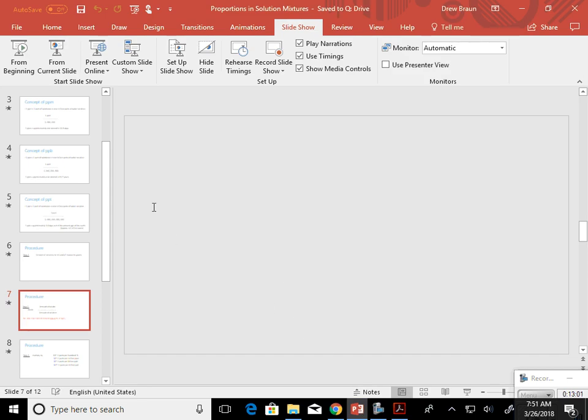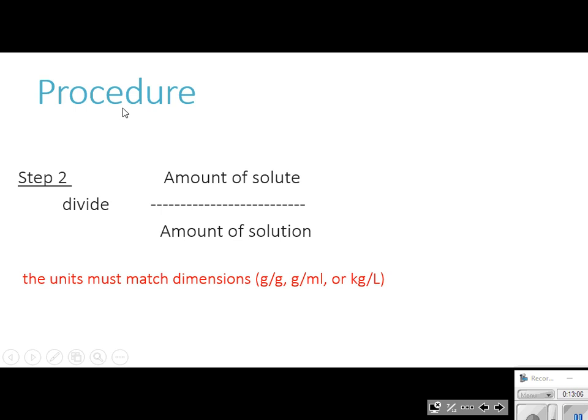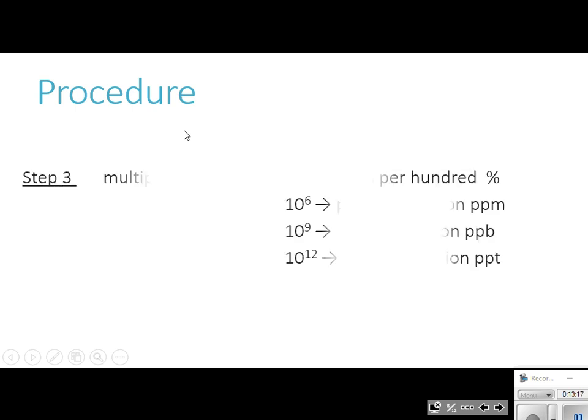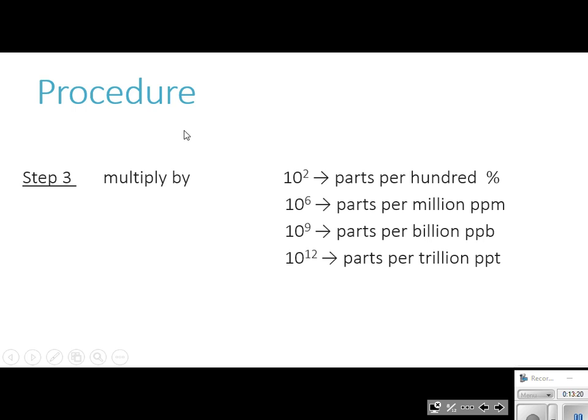Okay? But now we have to take the amount of the solute, divide it by the amount of the solution, and then finally, we have to multiply by what we're dealing with. What do we want it in? Do we want it in parts per trillion? Do we want it in parts per million? Parts per billion?